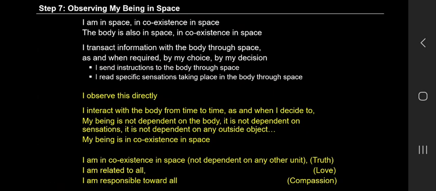Now I am observing myself in coexistence of space. So I am in space, in coexistence in space. I can see body as a material unit is also in a space, in coexistence in space.